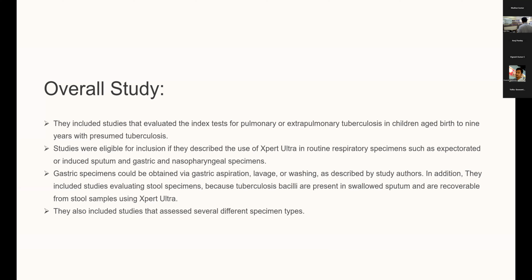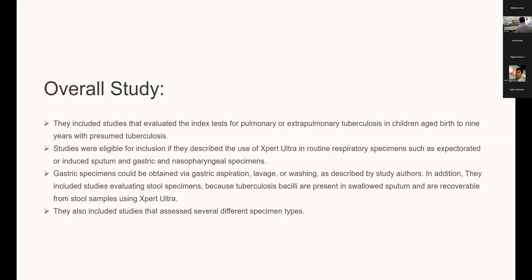Just to give you an overall picture of the study, they looked at the index test, which was Ultra, a CBNAAT test for TB, for both pulmonary and extrapulmonary tuberculosis in children, the extrapulmonary being lymph node and meningitic TB. They also looked at rifampicin resistance.